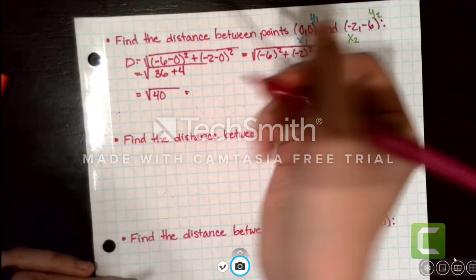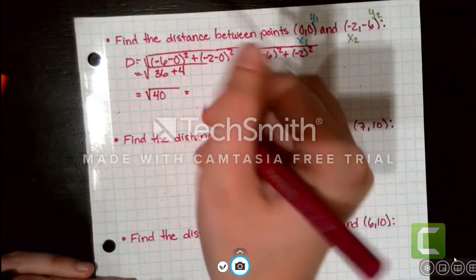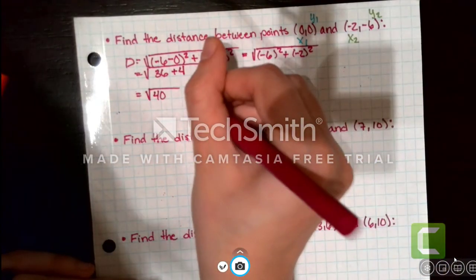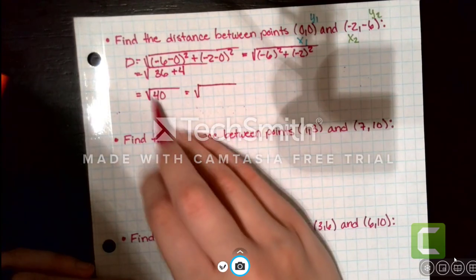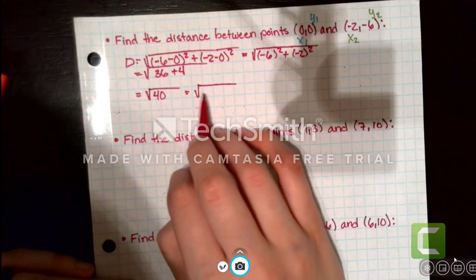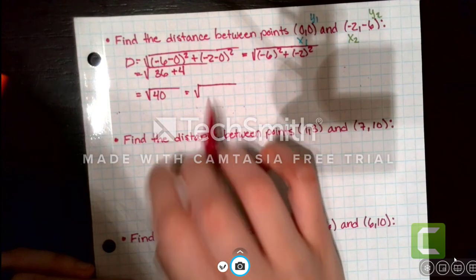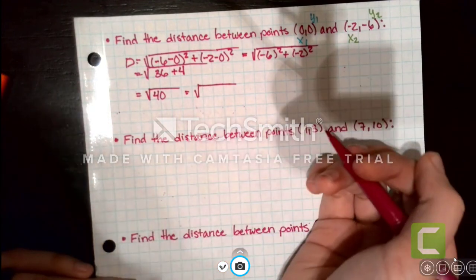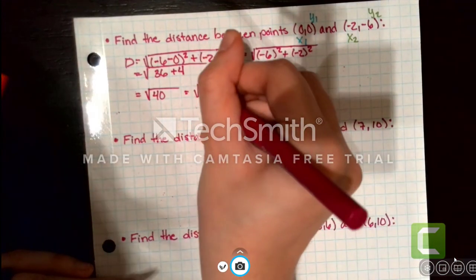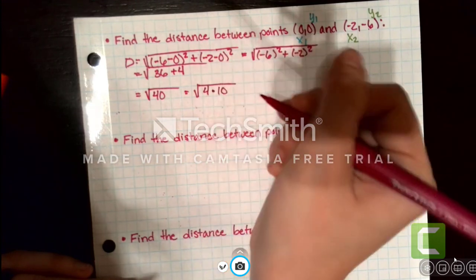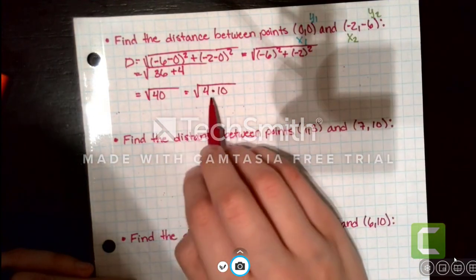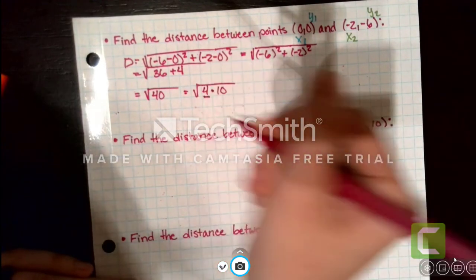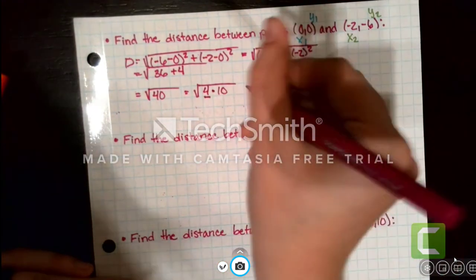This can actually be simplified. When we simplify radicals, what we do is we find the largest value within this number that can be pulled out of your square root, meaning that it can be square rooted. So let's try 4 times 10. 4 times 10 still gets you 40, but the 4 can be rooted.